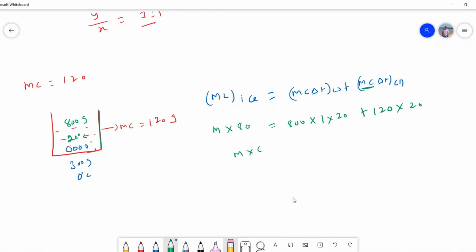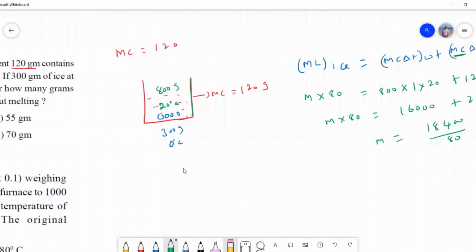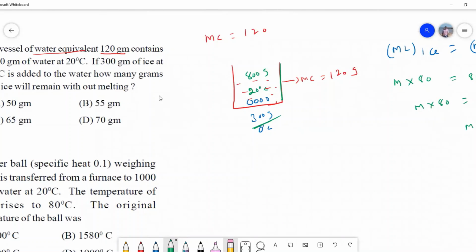So m into 80 is equal to, this is 16,000, 2,400. m is equal to 18,400 upon 80. This will be 230 grams. What I have calculated is the amount of ice melted, but it is asking the amount without melting.